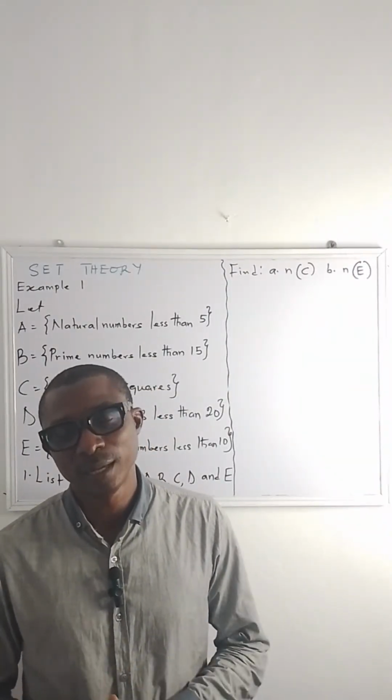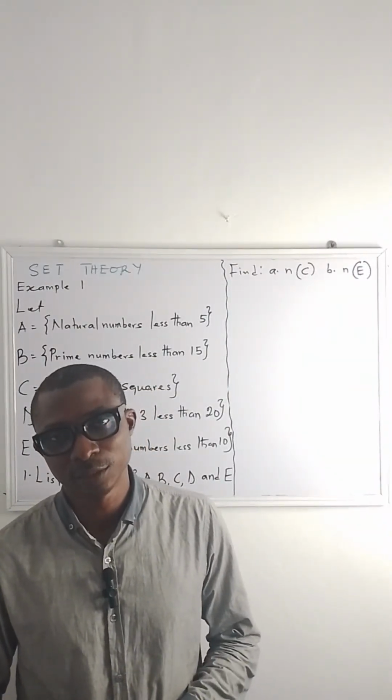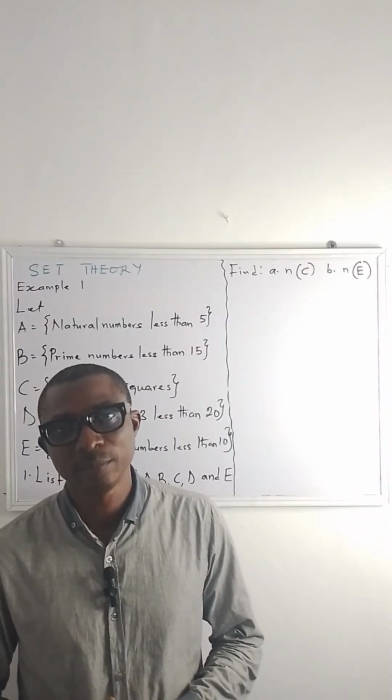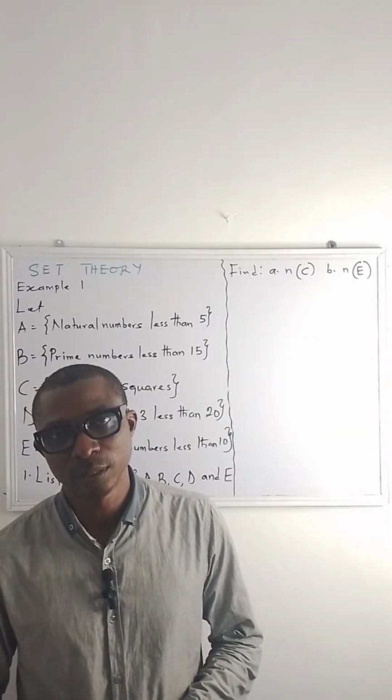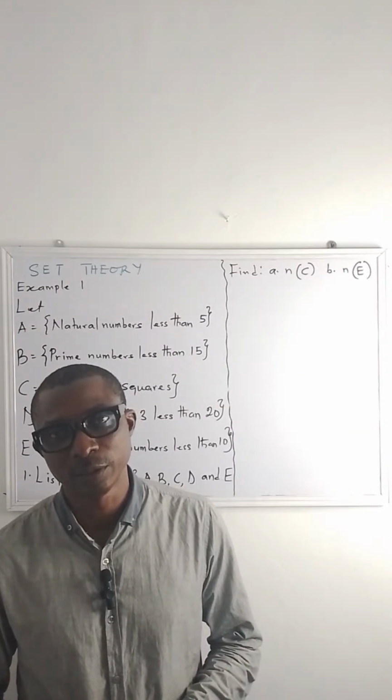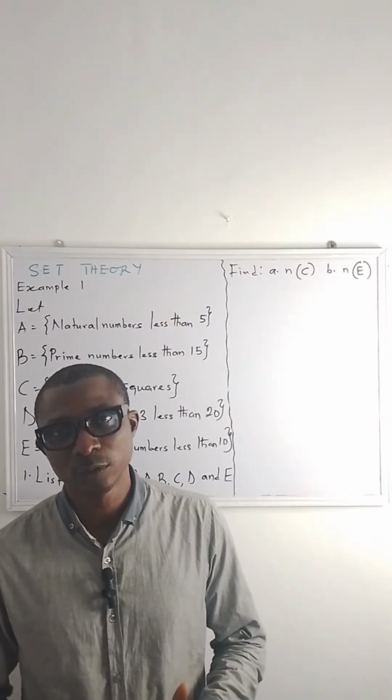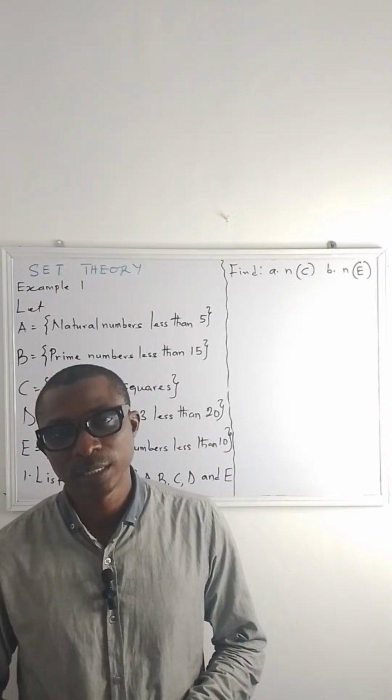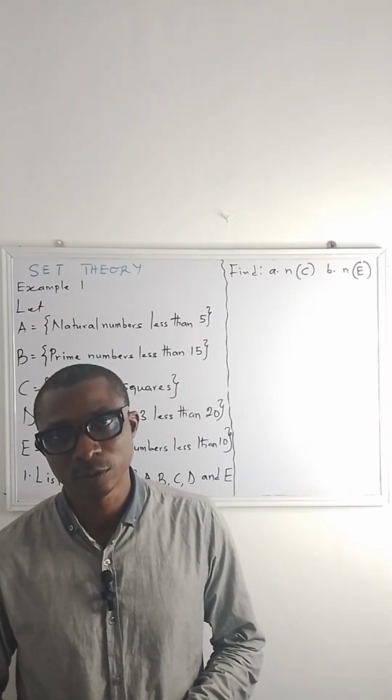All right, today we are going to be looking at set theory. The last time we discussed the definition of set theory, and we looked at one or two examples. Today we are going to continue from where we stopped.